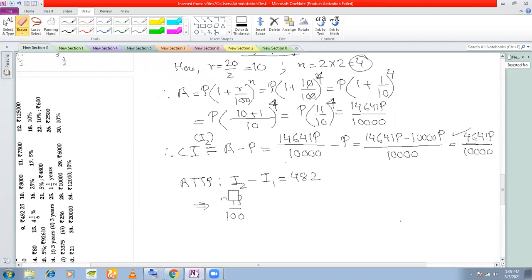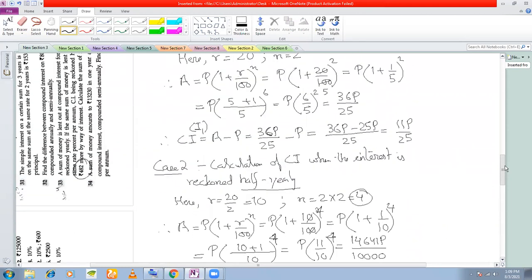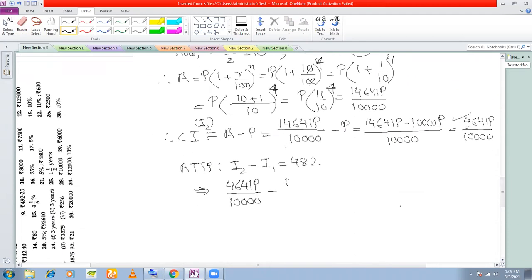Let's now put this here. According to the problem, it is given that the compound interest reckoned half yearly is greater than the compound interest reckoned yearly by 482 rupees. Therefore, I2 minus I1 must be equal to 482. Put the value of I2. And what is the value of I1 we have got here? 11P by 25.